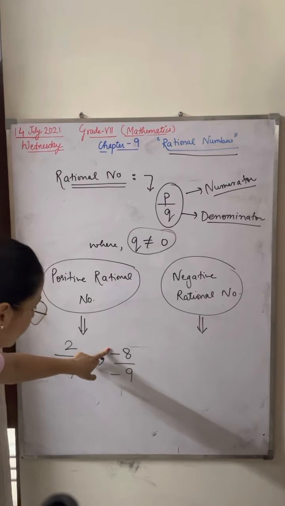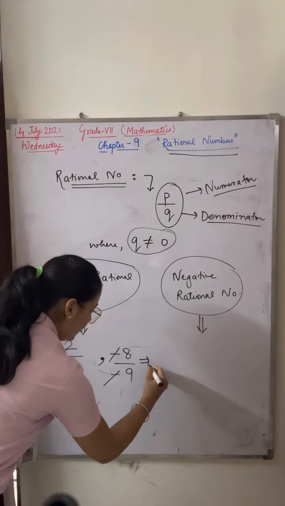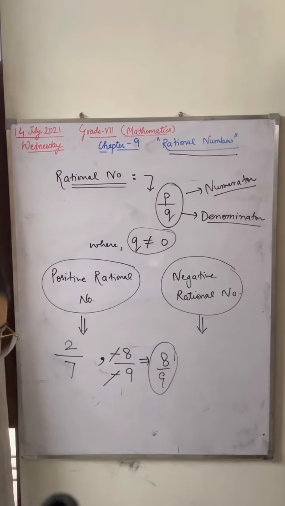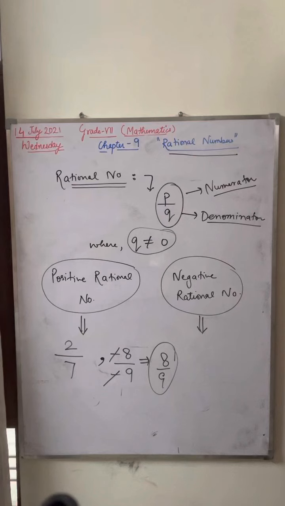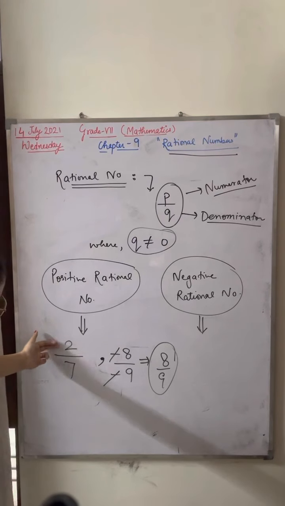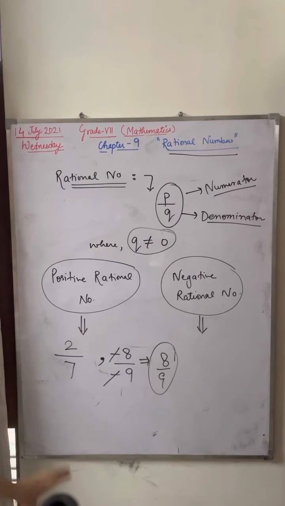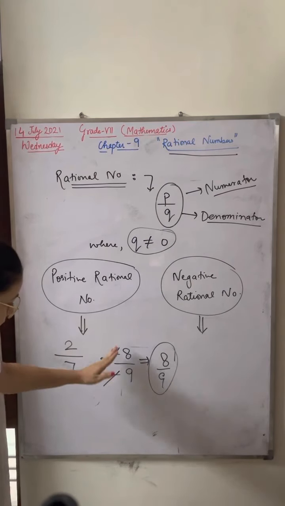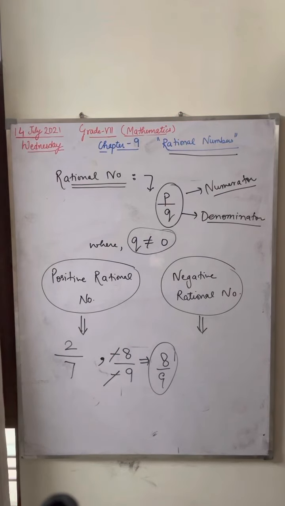Because the negatives cancel, and your answer will be 8 upon 9 only. So positive rational numbers are those where both are positive or both are negative. If both are negative, the negative signs cancel and the answer is positive.